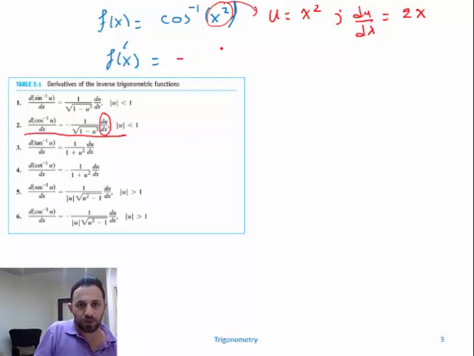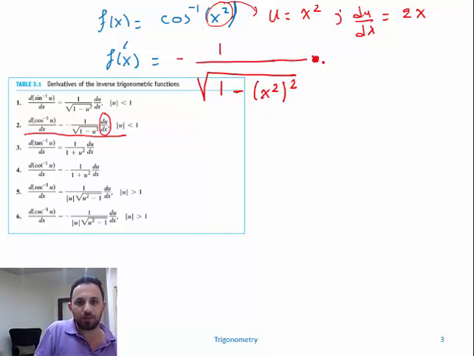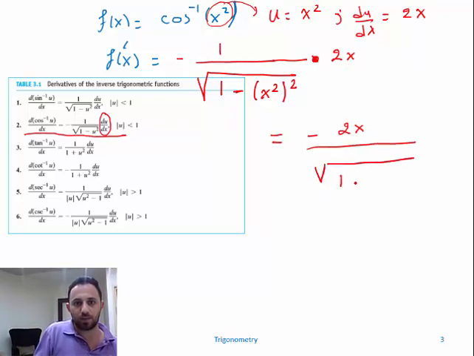This is minus 1 over radical 1 minus u squared, and u is x squared. I substitute u by x squared, multiplied by du by dx, which is 2x. Then the answer is minus 2x over radical 1 minus x power 4.